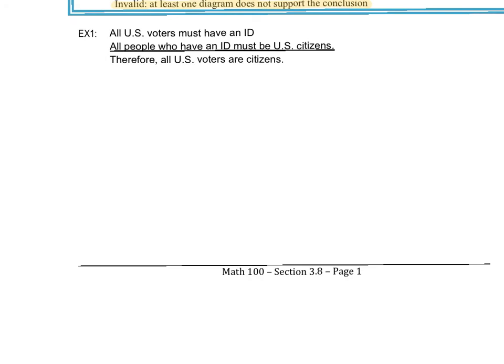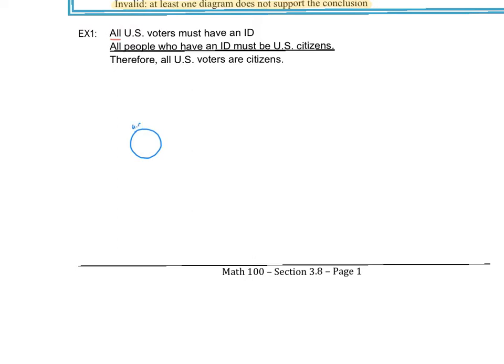We have all U.S. voters must have an ID. So this is an all premise. It's going to be the first diagram, which means that, and I'll use this diagram to represent all the U.S. voters.